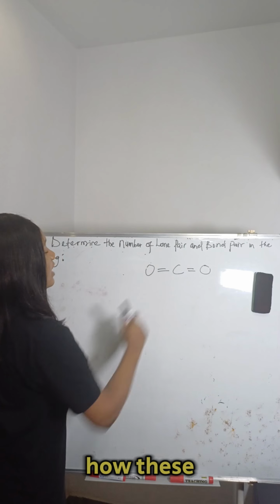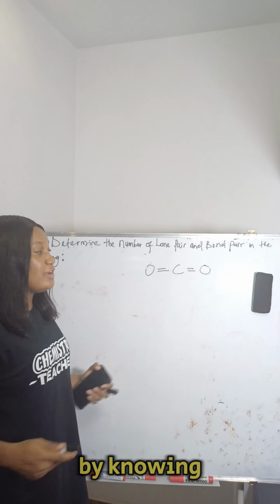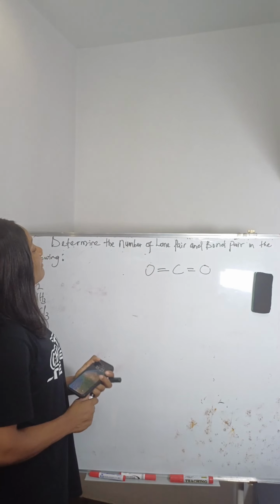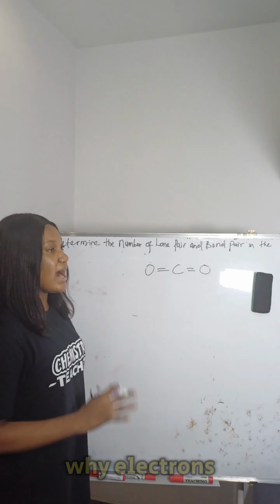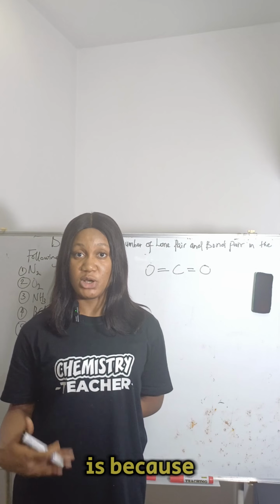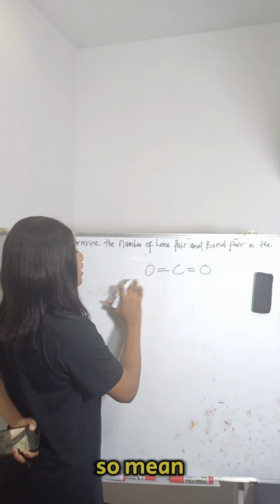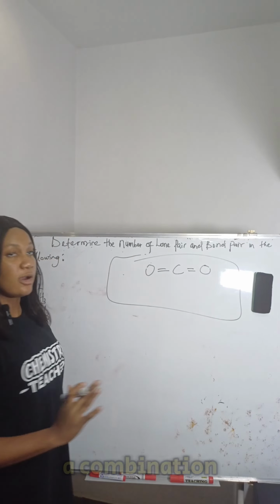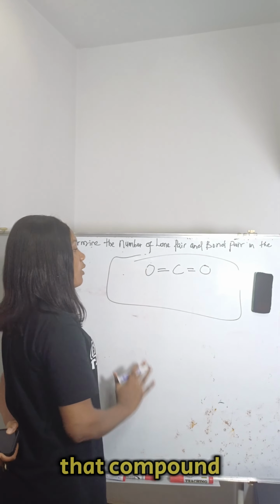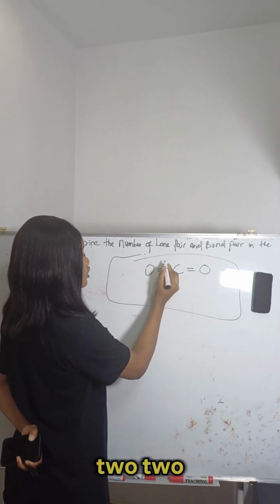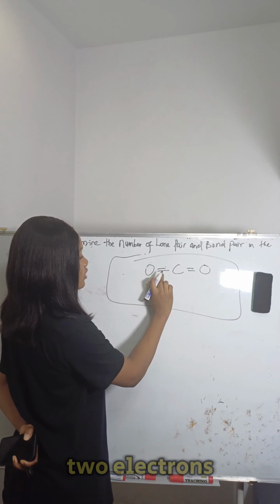We've seen how these pairs are formed by knowing our valence electrons and knowing how to fit them in here. But you know that the reason why elements are involved in combination is because they want to find stability, right? So whenever we have something like this, which has been involved in a combination, we can see that the compound is now stable. Now, you have 2 electrons here, 2 electrons here.